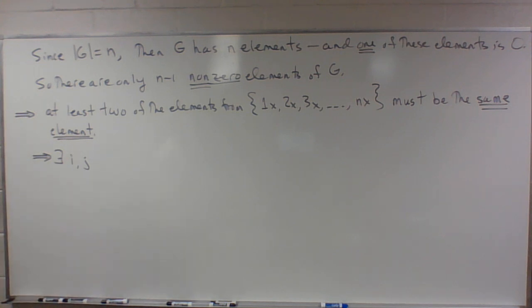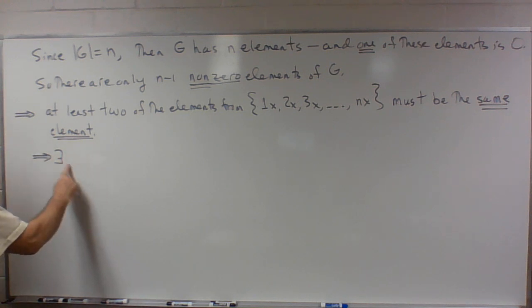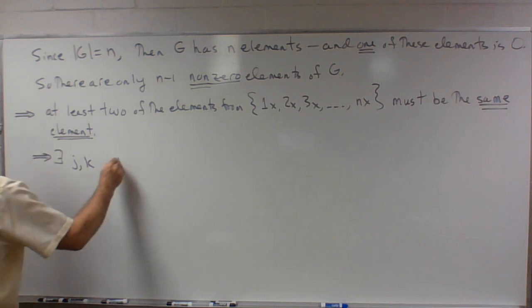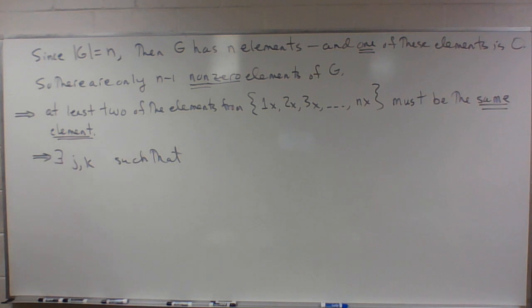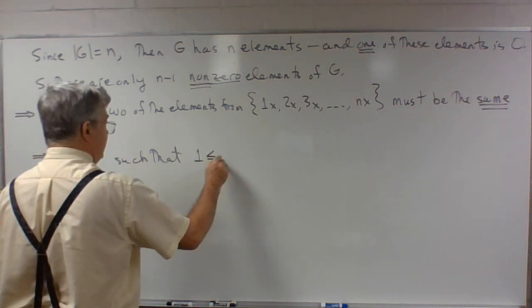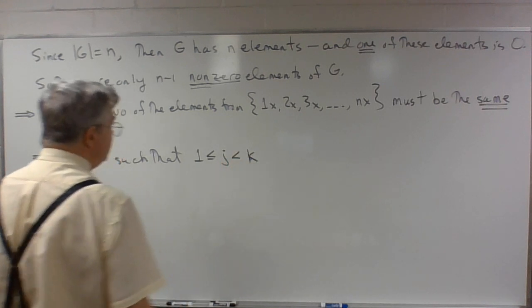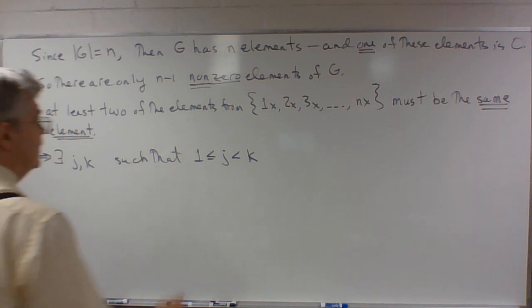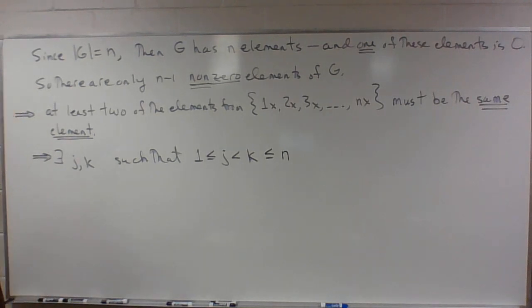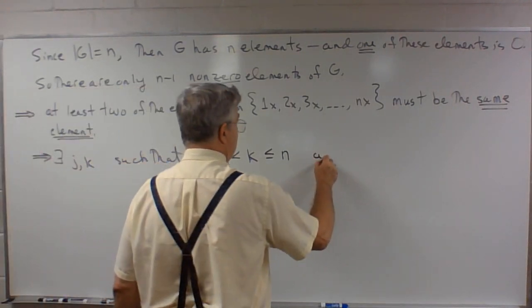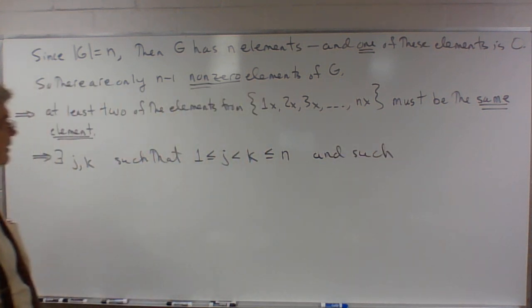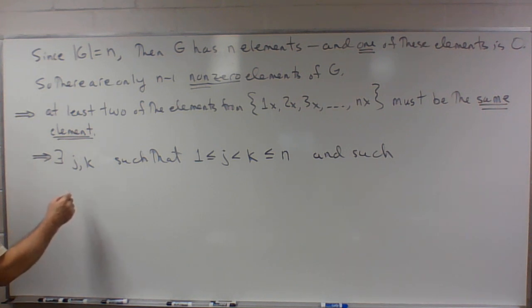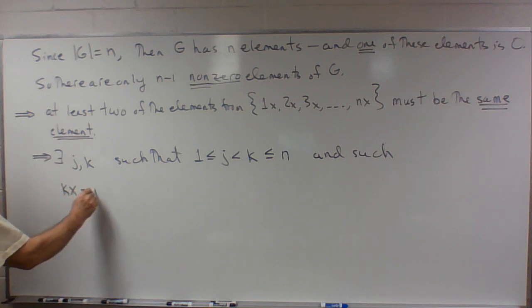Let me say there exist j and k. J and k are distinct. kx equals jx.